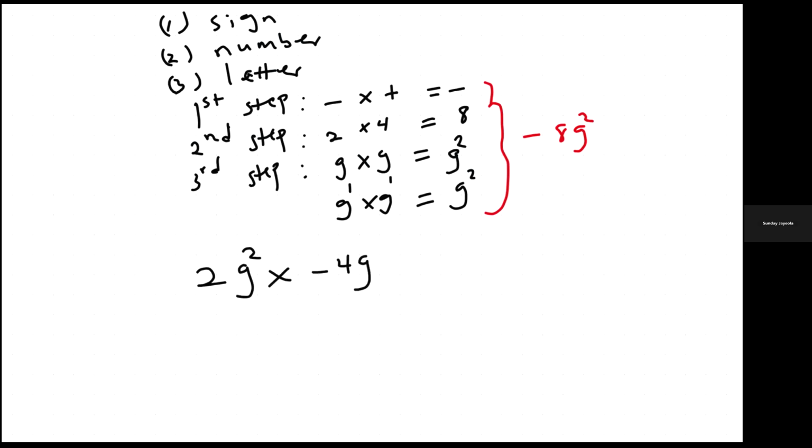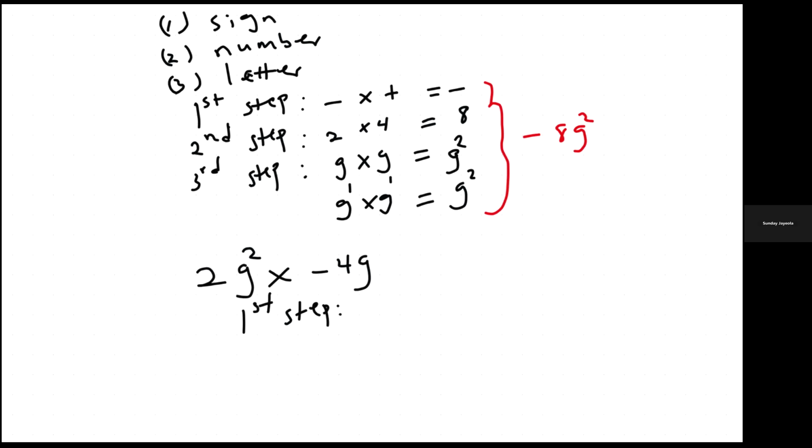So like I did, I can still write it to make it easier for anybody. When you are used to it, you don't need this first step anymore. The sign of the first one is positive, and the second one is negative.